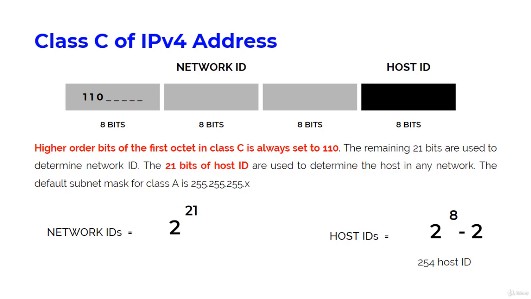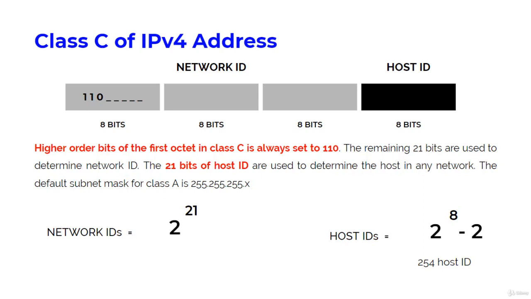The next one is class C. IP addresses belonging to class C are assigned to small sized networks. The network ID of class C is 24 bits long and the host ID is 8 bits long. Therefore, the available hosts are 2 raised to 8 minus 2, which is 256 minus 2, that is 254 host IDs available for class C. The higher order bits of the first octet of an IP address of class C are always set to 110.